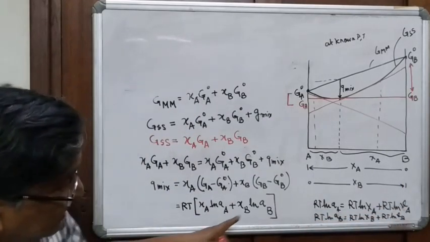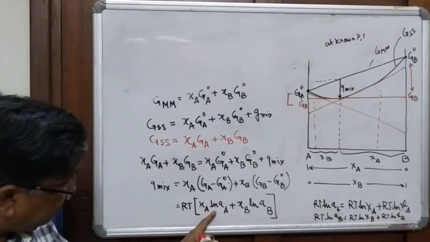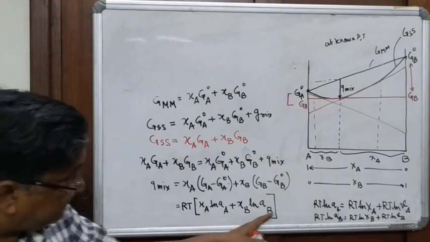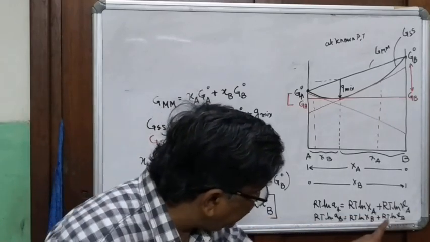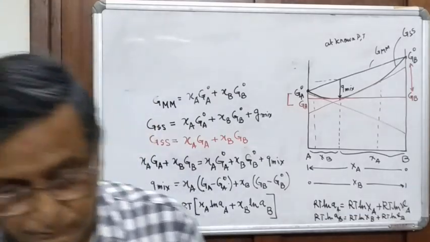RT ln XA plus RT ln gamma A. If I break up this term, it's RT ln XB plus RT ln gamma B.